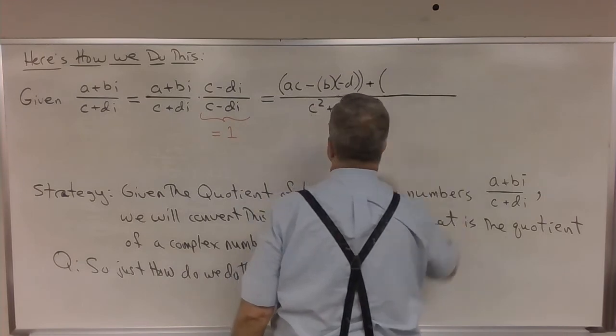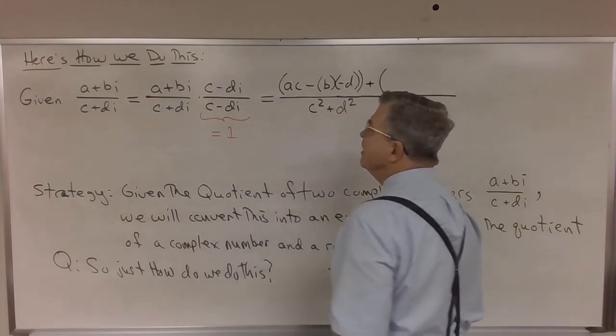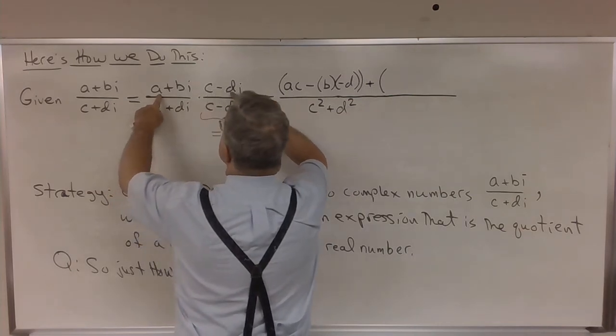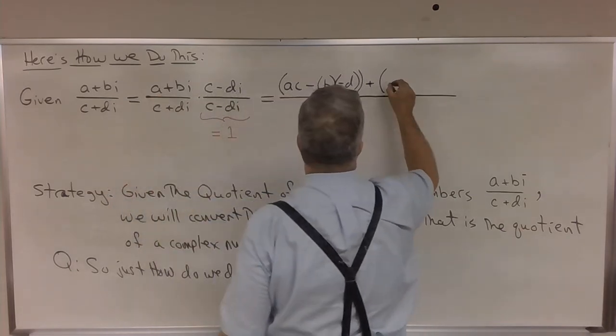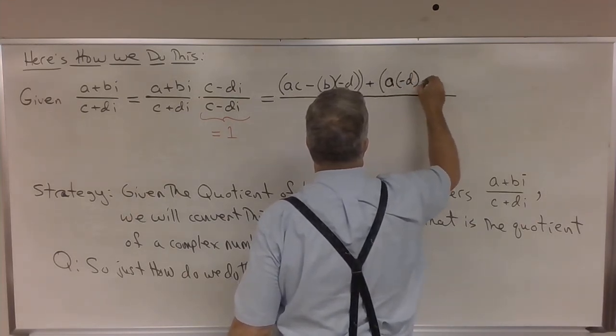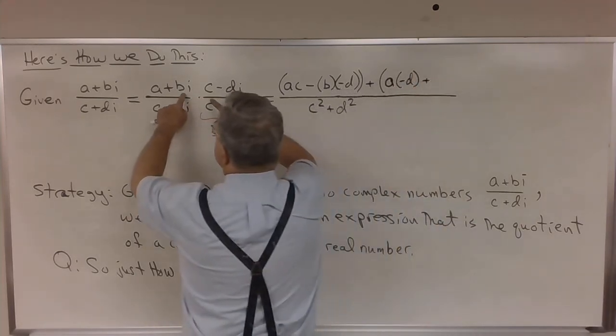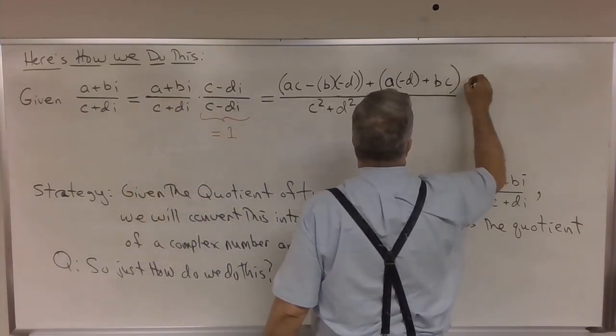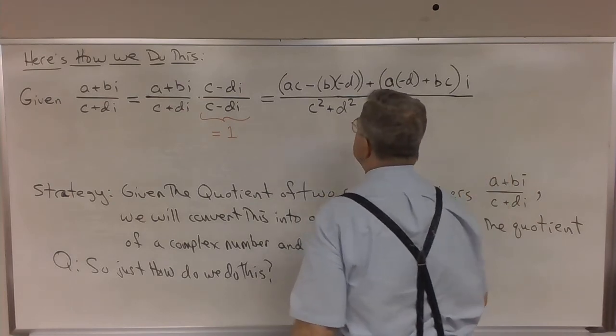Plus the outers, A times negative D, plus the product of the inners, B times C, all of that times i.